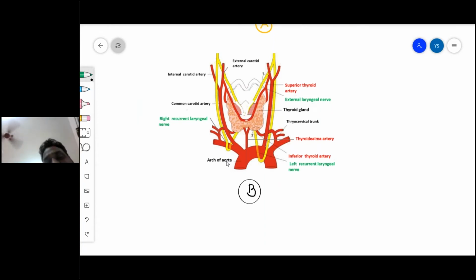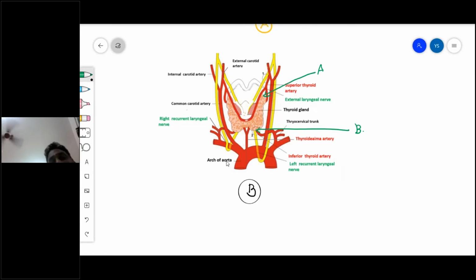This one is the apex, and this one is the base. You can see the two parts, base and apex.